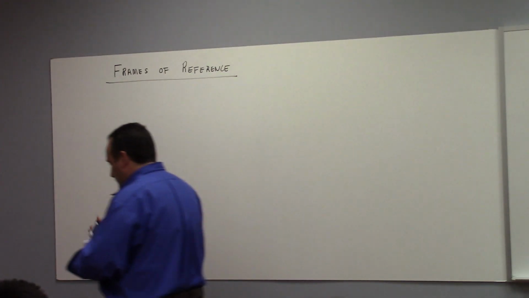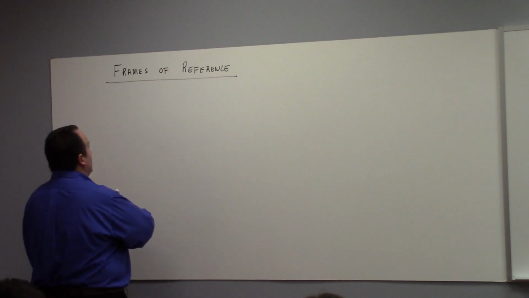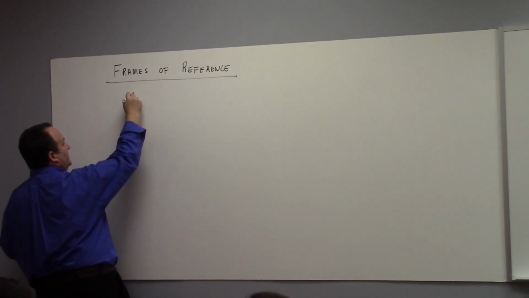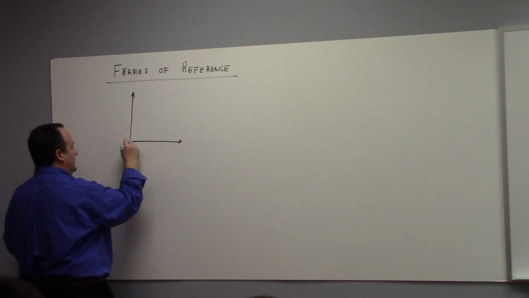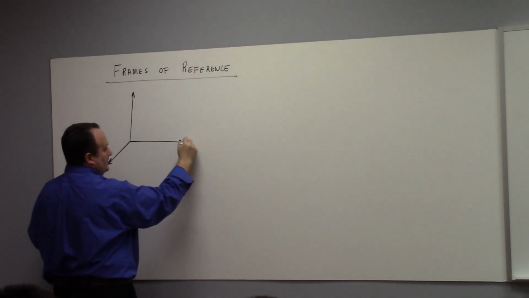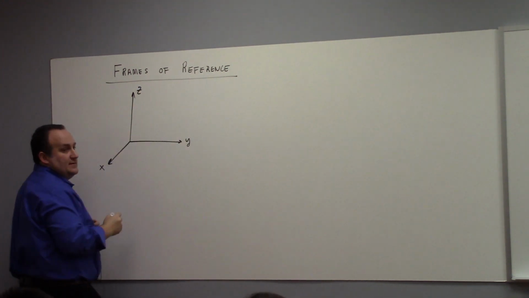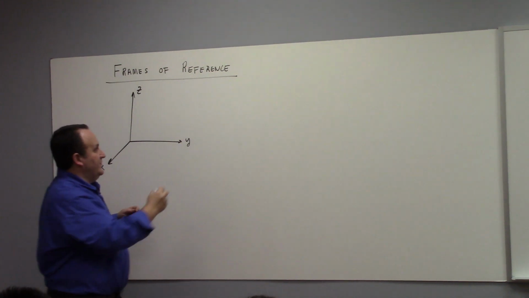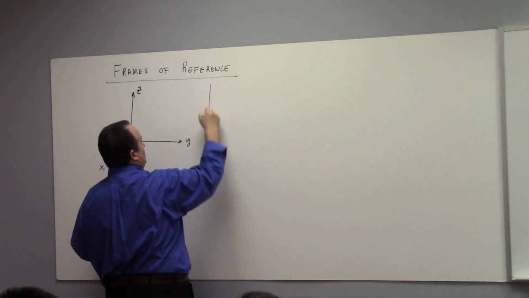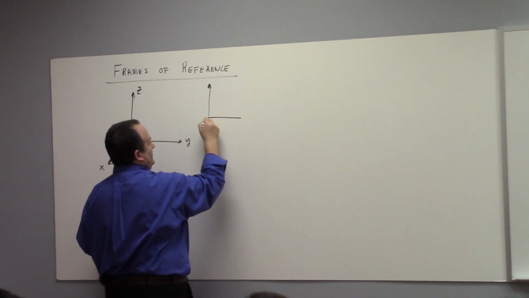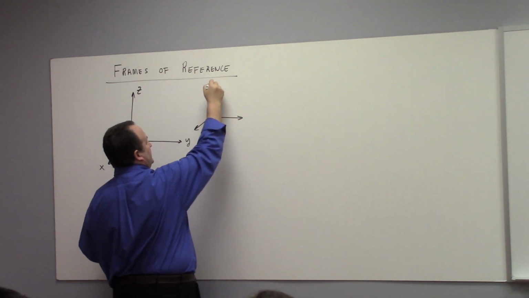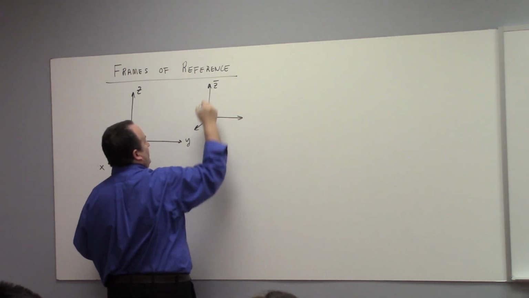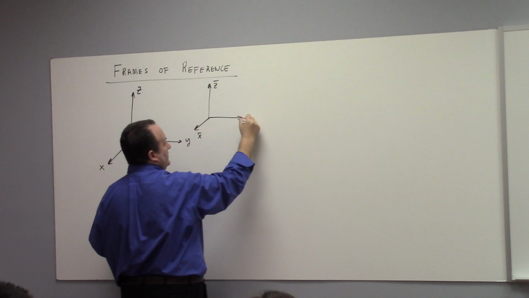All right, so here's the deal. We take frames of reference for granted all the time, but suppose you've got an XYZ coordinate system, and then suppose you have another coordinate system over here, and just for the sake of discussion, let's put some bars on it: Z bar, X bar, Y bar.